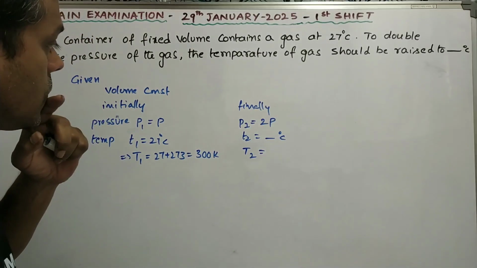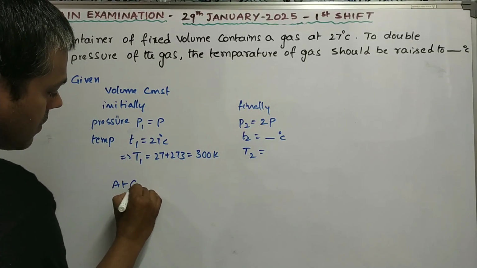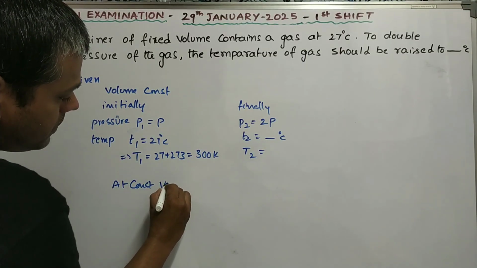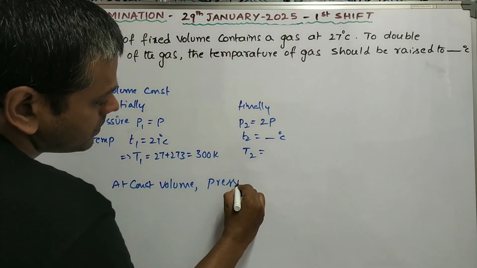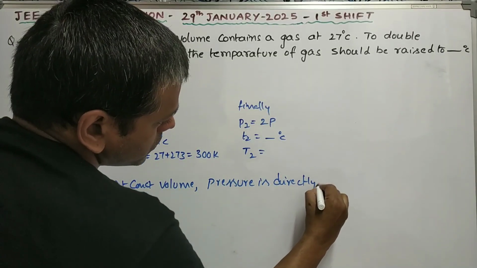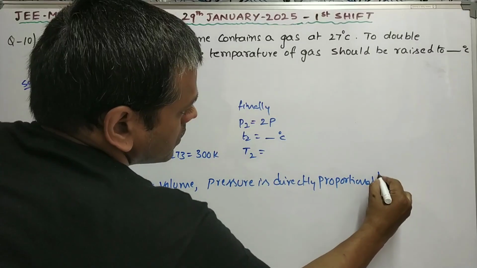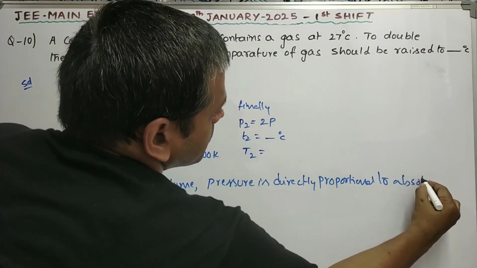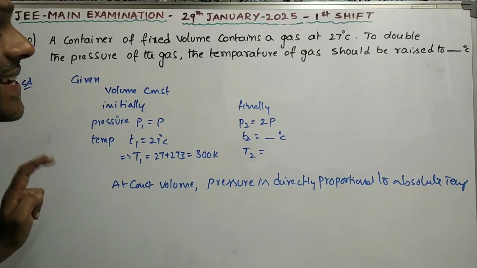Why? Because we know Charles' law: at constant volume, pressure is directly proportional to absolute temperature. So this is called Charles' law.